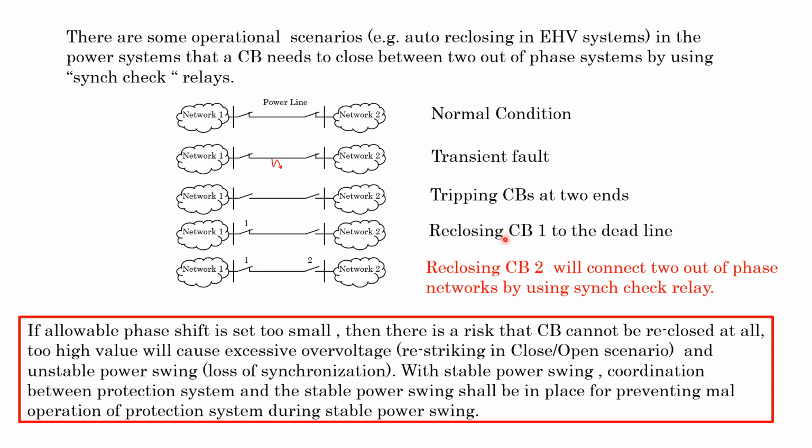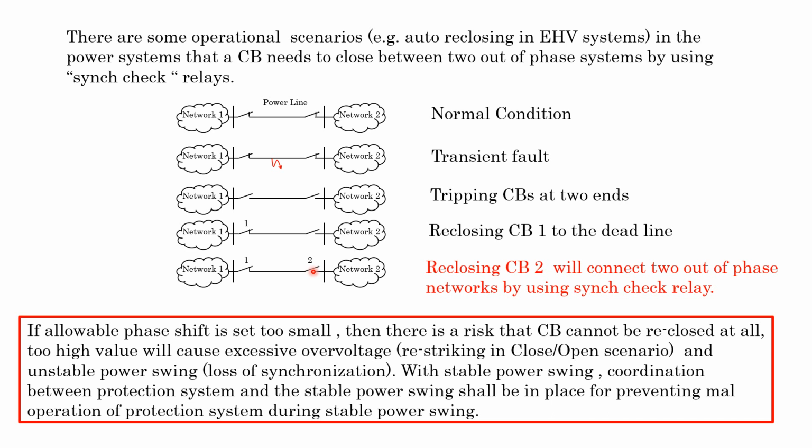And then reclosing circuit breaker 1 on the dead line is no problem. But when you want to reclose circuit breaker number 2, basically you are going to connect two systems which should normally be a bit out of phase to each other. So you use a sync check relay and put some allowable limit for the phase shift between the two of them, and the allowable frequency, and the voltage.